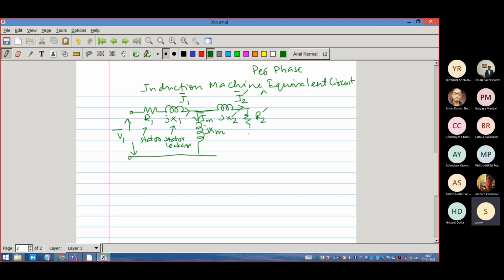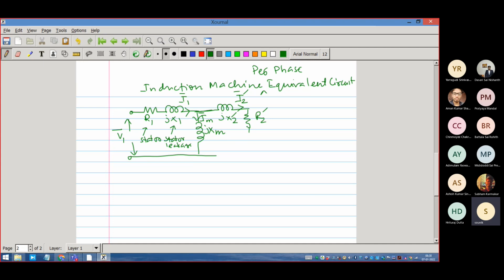Then comes, you know, the machine is actually shorted. Due to the shorting, the electrical power is getting converted to mechanical power, right?